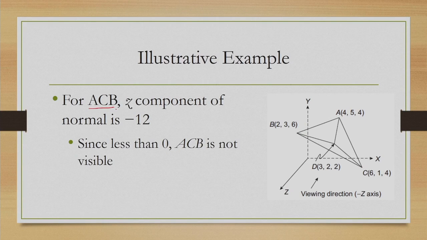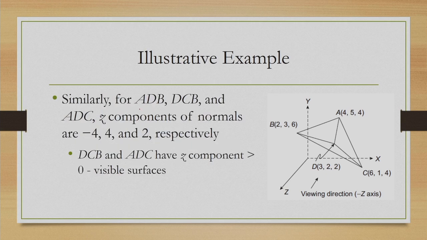For ACB, the z component of the normal is minus 12. So, it is less than or equal to 0. So, ACB is not visible. As you can see from this figure, ACB is on the back side of the object. For ADB, DCB and ADC, the z components of normals are minus 4, 4 and 2 respectively.